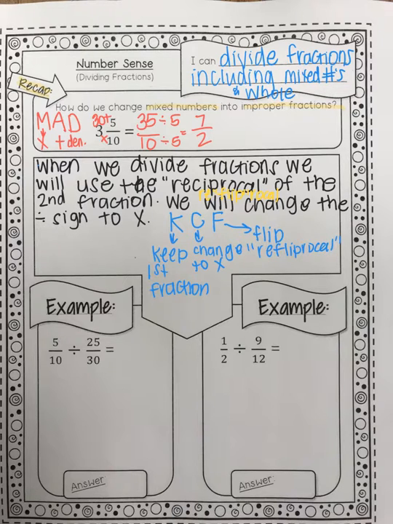Flip the second fraction. And what that leads us to do is now we have a multiplication problem. And we know how to multiply fractions. So then we know how to solve a division problem. So let's go do our example down below.